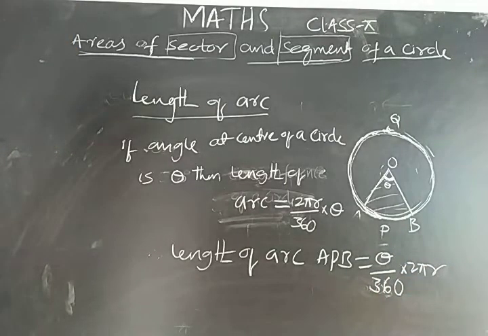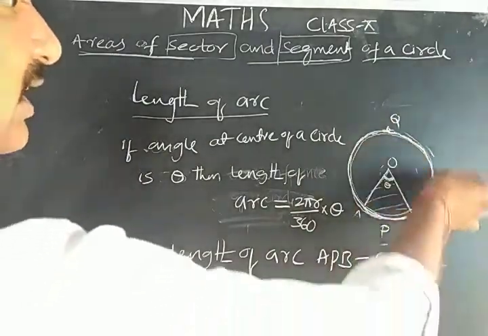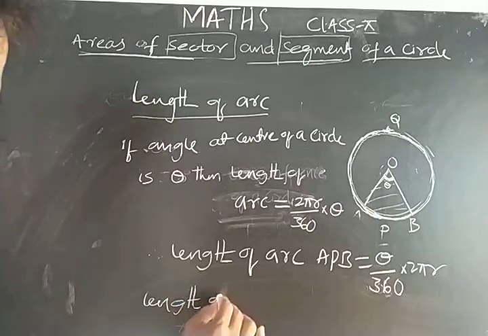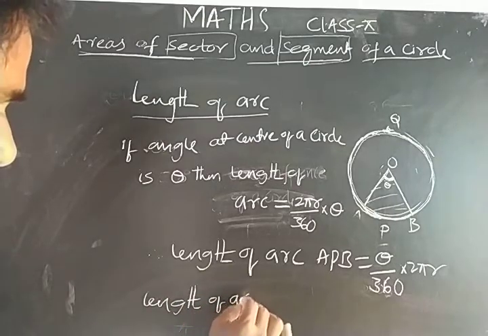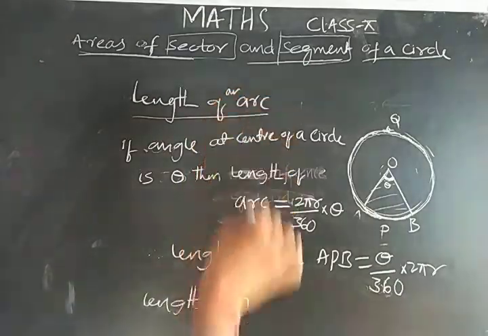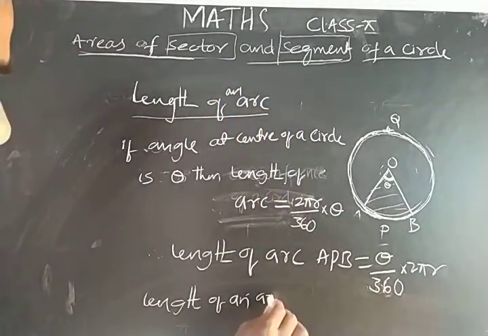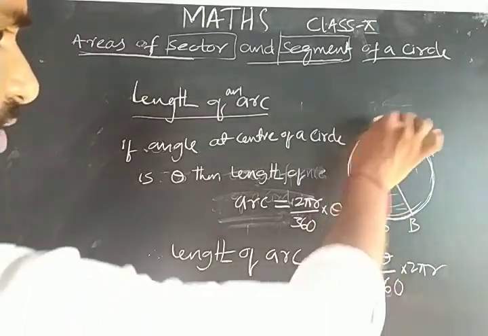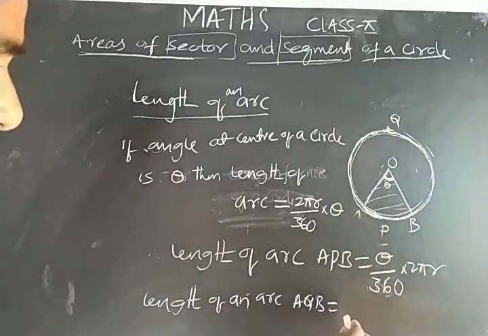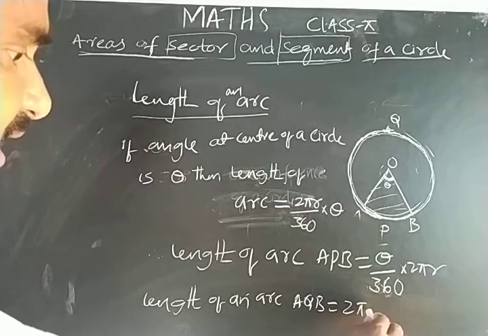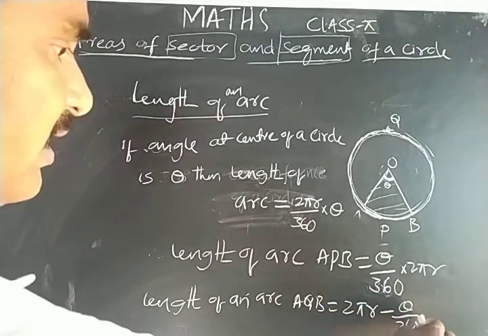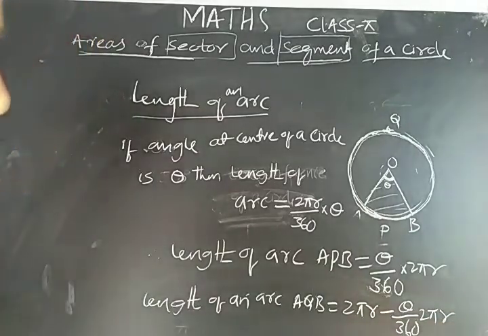To get the length of the arc AQB, the major arc, from the total circumference 2 pi r we subtract this minor arc length. Okay, right.